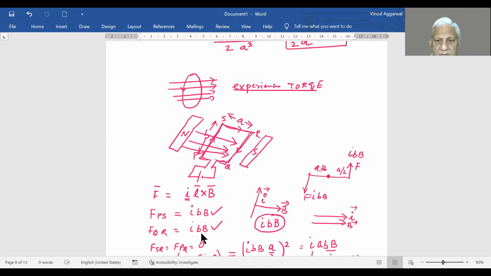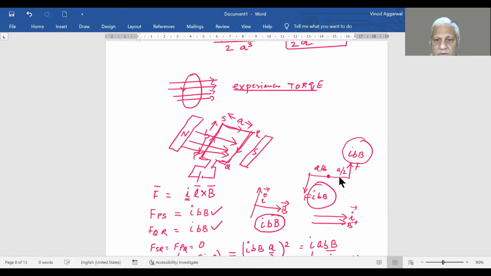So the total torque will be, let us say the forces were perpendicular to the arm, then this force and this force are the same, and this makes a couple with half distance as a by 2.